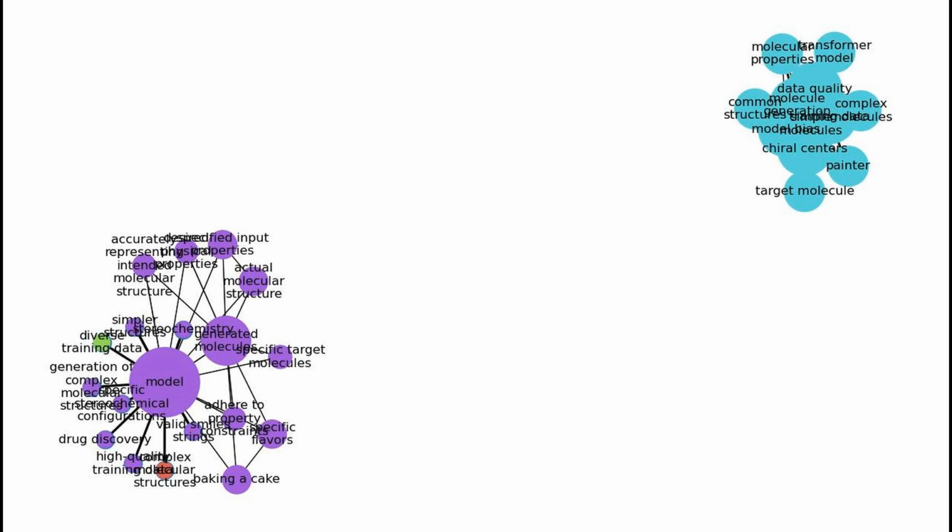Overall, these challenges highlight the need for high-quality, diverse training data and the necessity to refine the model further to improve its ability to generate complex and accurate molecular structures. Without addressing these limitations, the effectiveness of the model in applications like drug discovery may be compromised.